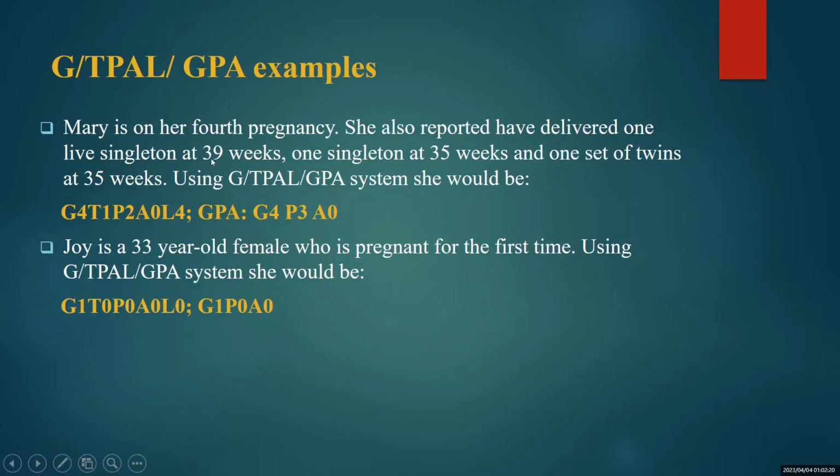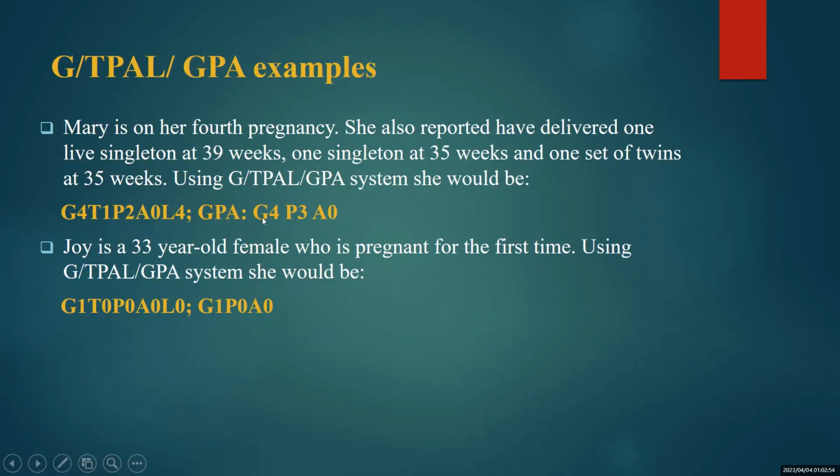She has carried 1 pregnancy to term, 39 weeks, and she has had 2 preterm births at 35 weeks, and no abortion, and she has 4 live babies, born at 39 weeks, 35 weeks, and twins at 35 weeks. So she's G4, T1, P2, A0, and L4.